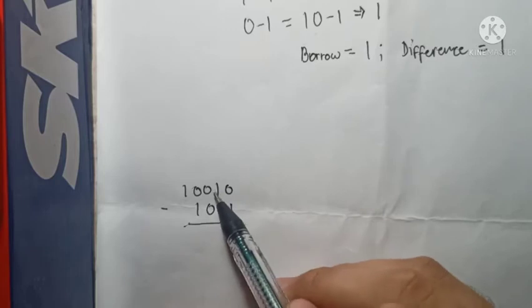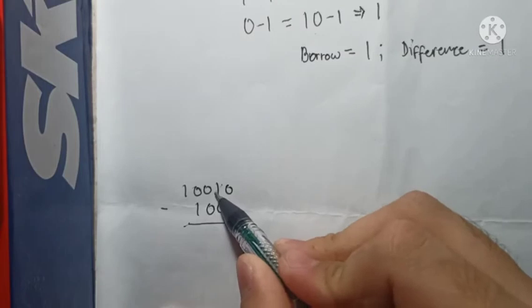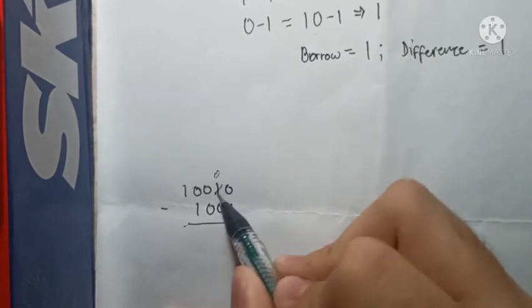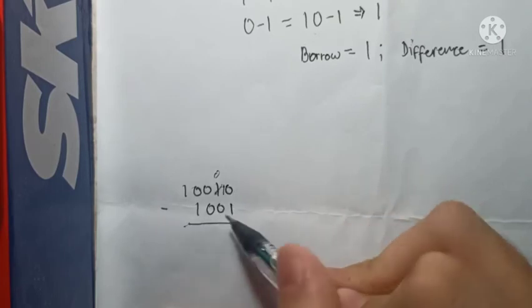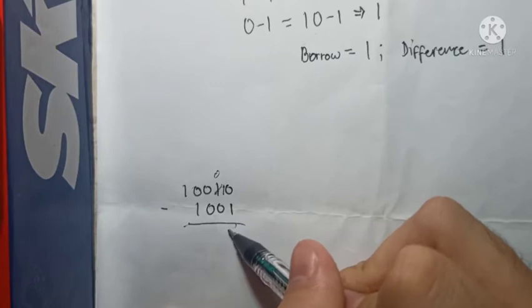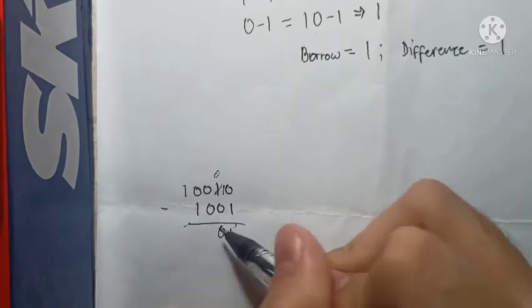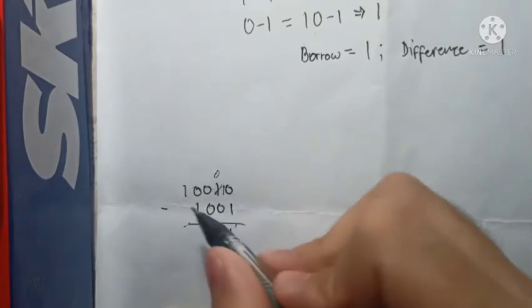This becomes 0 and this becomes 10. 10 minus 1 is 1. 0 minus 0 is 0. 0 minus 0 is 0.